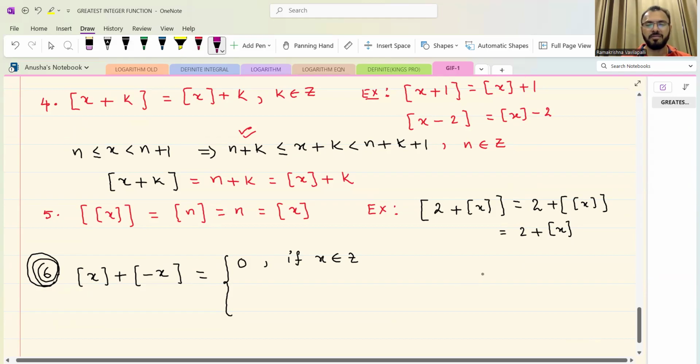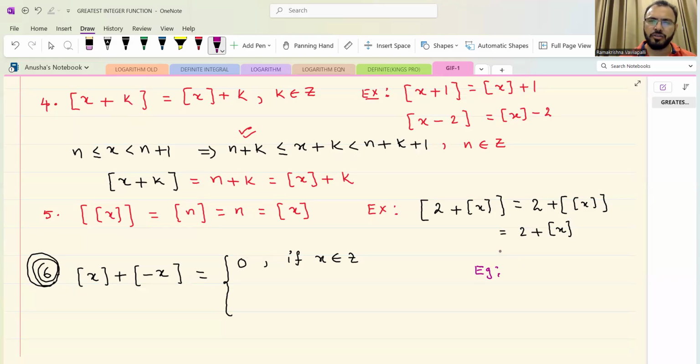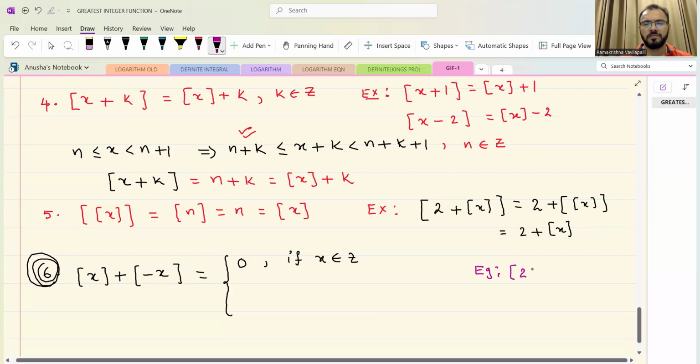For example, whenever you get a doubt on certain properties, you always play with numbers, and then you can confirm the real output. So the integral part of 2 plus the integral part of minus 2: the integral part of 2 is 2, the integral part of minus 2 is minus 2. So we get 0.